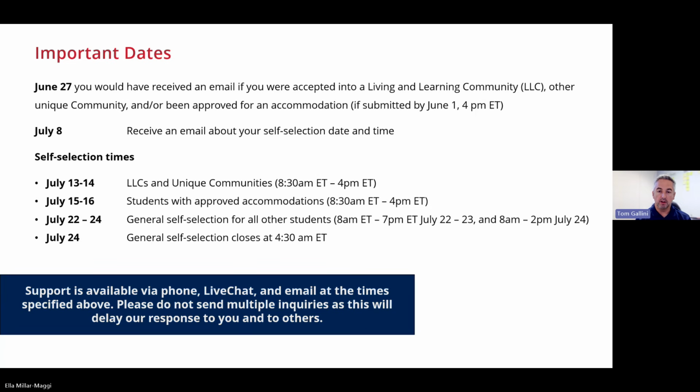That will be for anyone who is not in a living learning community or a unique community or with an approved accommodation. We'll be running 11 hours a day for a couple of days and then into Friday. Self-selection is going to close at 4:30 p.m. on July 24th.